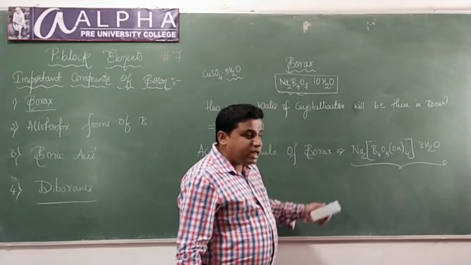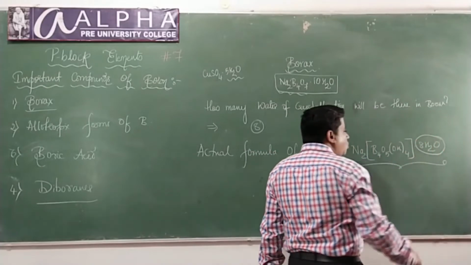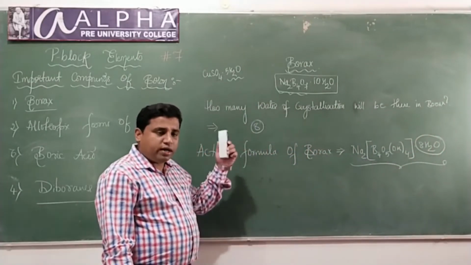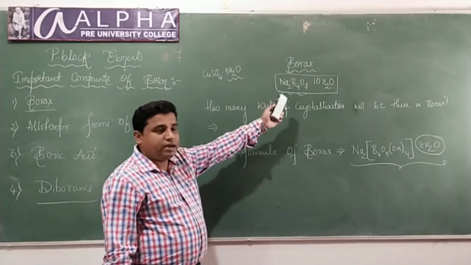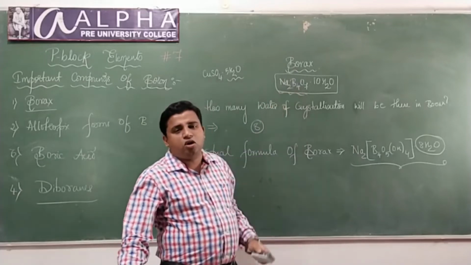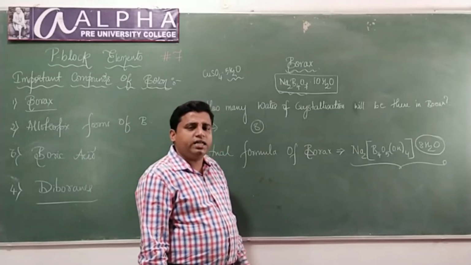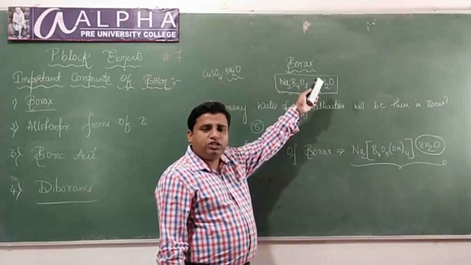So in this actual formula, how many waters of crystallization? 8 molecules of water of crystallization. So the answer is 8. Understood? Don't take it as 10. This is not the actual formula of borax, this is the condensed formula. The condensed formula is Na2B4O7.10H2O.